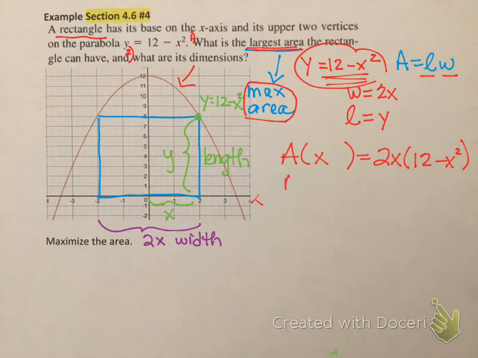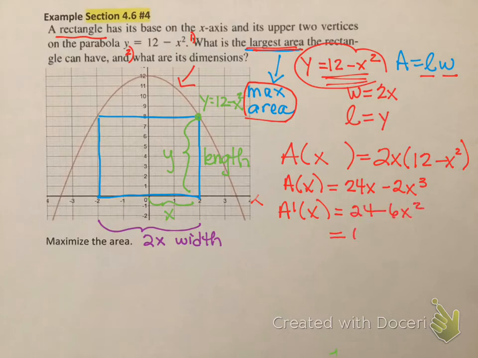I do not want to use the product rule, so I'm going to distribute and get 24x minus 2x cubed. Now I can easily take the derivative, and I will get 24 minus 6x squared. Let's go ahead and factor the 6 out.